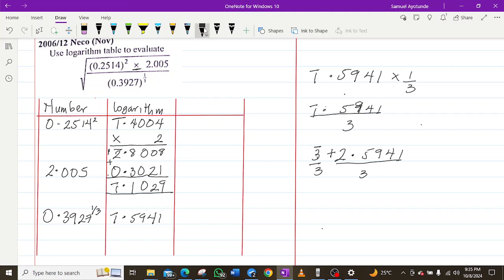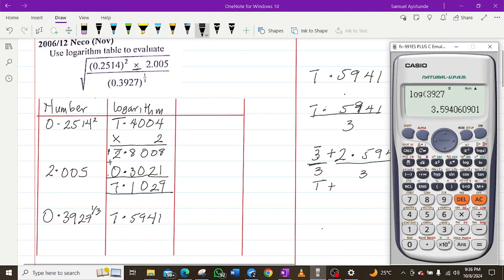So from here, 3 divide 3 bar is 1 bar, plus 3 divide 2.5941. You can use your calculator to divide that since it doesn't carry any bar. It's only values that carry bar we cannot divide directly. So since 2.5941 did not carry bar, you can use the calculator.